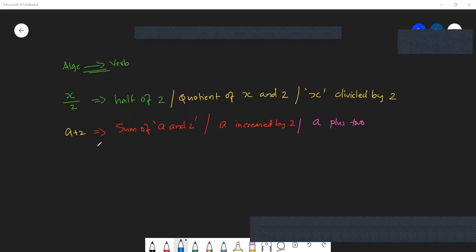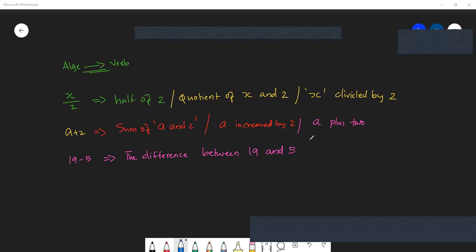And for example, another one, 19 minus 5. What will be the corresponding verbal expression? The corresponding verbal expression is the difference between, because the subtraction sign always represents the difference. The difference between 19 and 5, that is representing 19 minus 5.